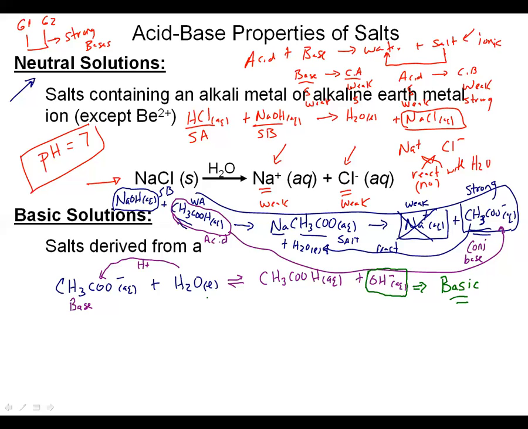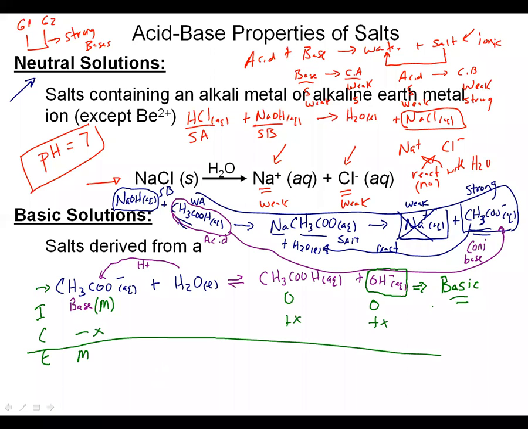Also important here is if you are going to do a calculation to figure out what the pH of this solution is, you would do an ICE table of your concentrations. You would do some zeros for your initial concentrations. You put it into your equilibrium expression, which would be the products divided by our reactants.